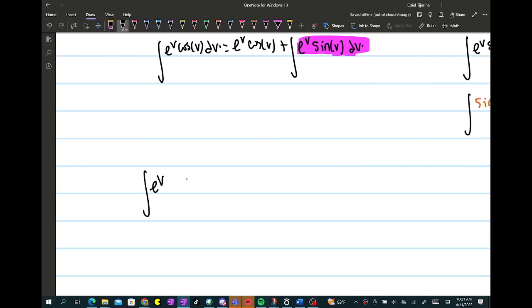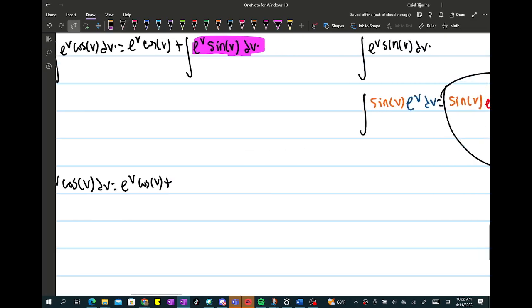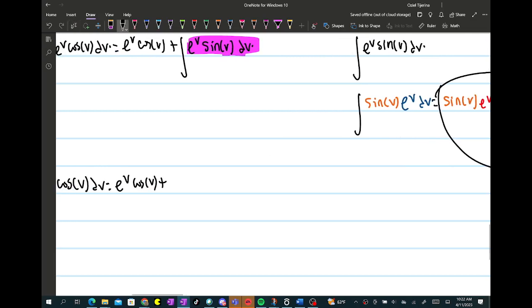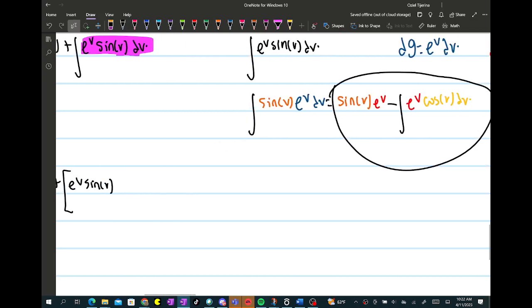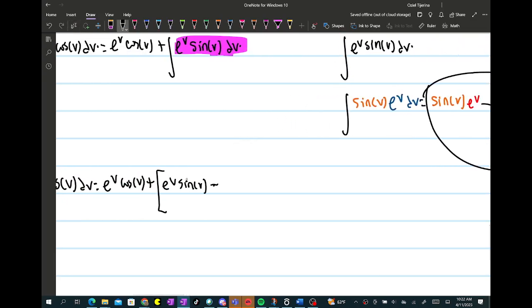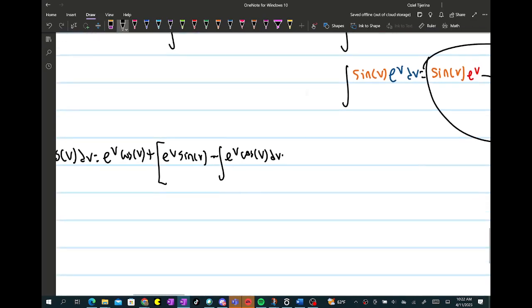The integral of e to the v cosine of v dv equals e to the v cosine of v plus the quantity e to the v sine of v minus the integral of e to the v cosine of v dv.